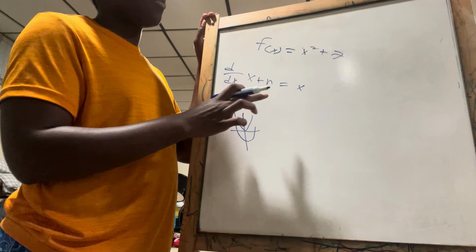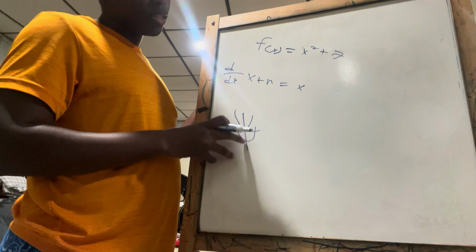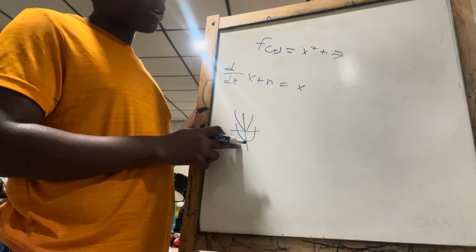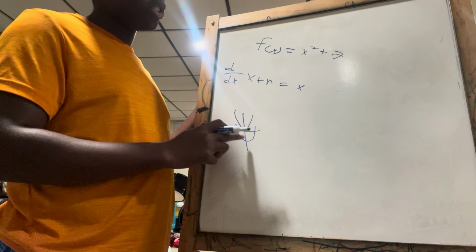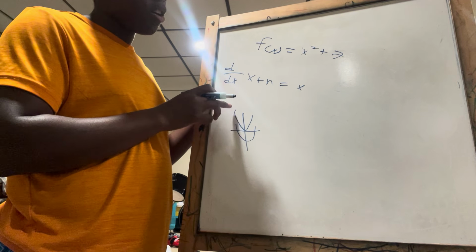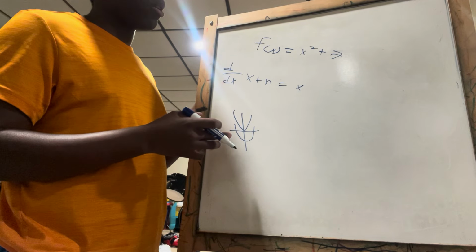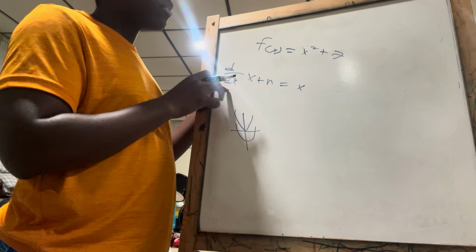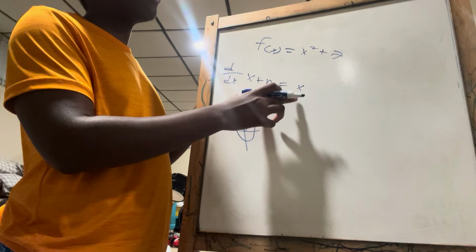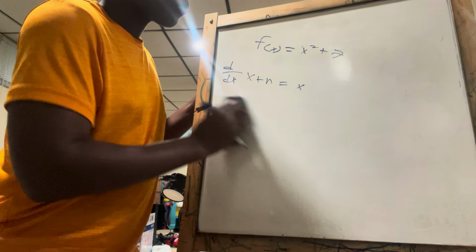If it's not touching x, it's going to change the height of the function. But regardless, the slope of the function does not change at all, because these are the same functions, they're just at different points. So the derivative makes you lose information because you don't know where the function is happening, but you know the slope of the function, which is what the function is going to look like.